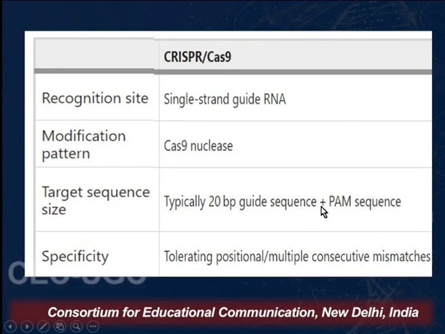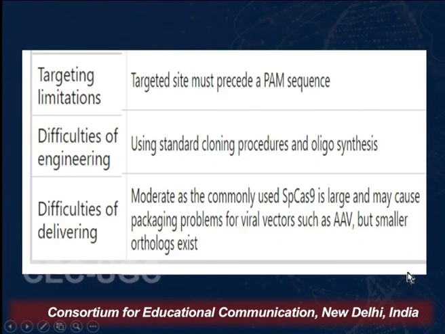But this is the requirement for the CRISPR-Cas9 system. The specificity is generally very specific, but it tends to be moderately specific and does create some off-target effects as well, but there are different orthologs of Cas9 that have been discovered which increase the specificity of this particular system.